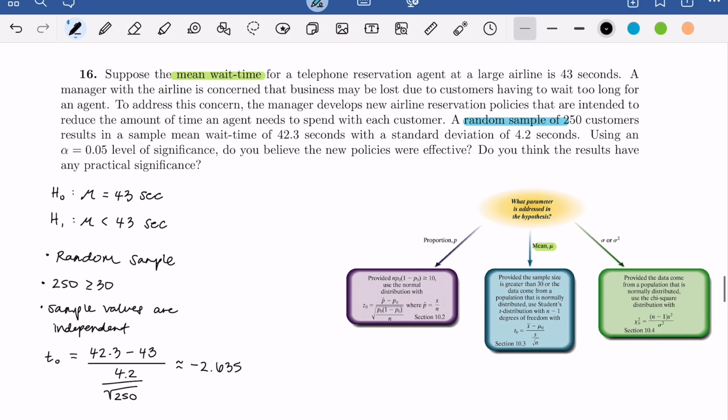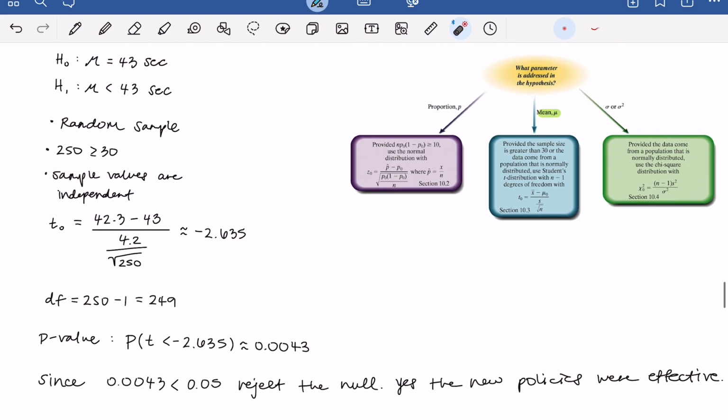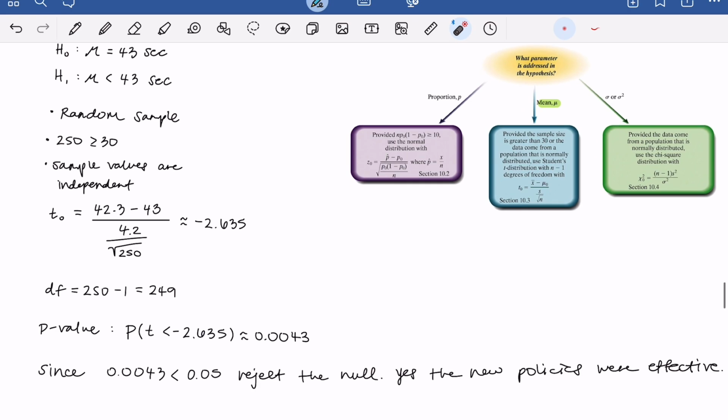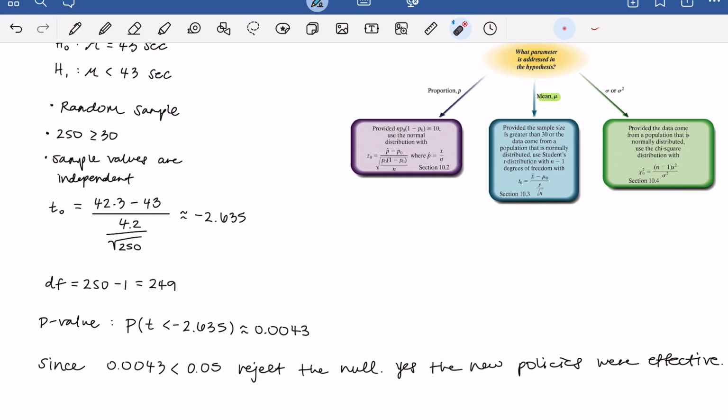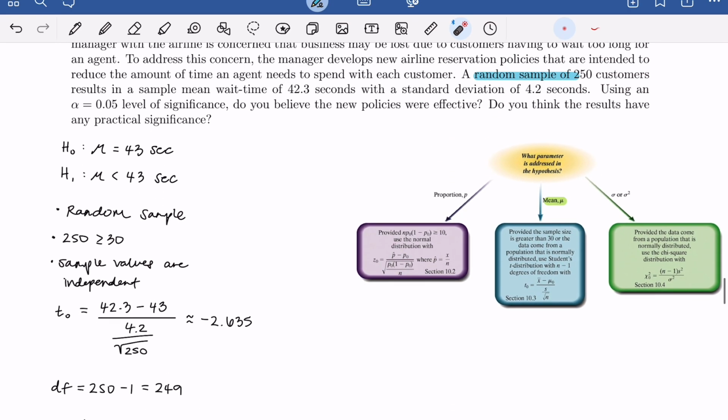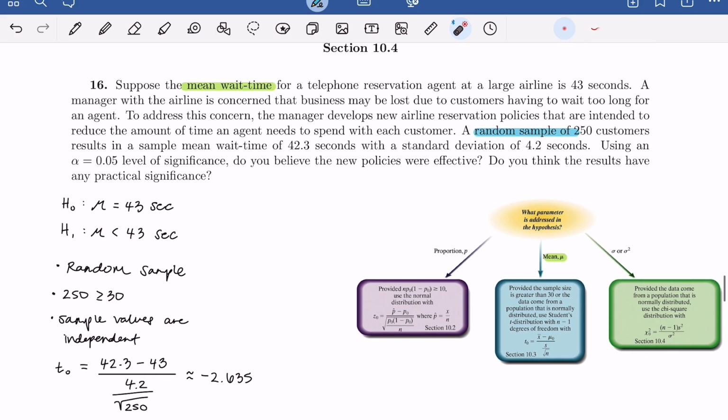And then the next question that we want to answer is, do you think the results have any practical significance? In order to answer this, we're going to look at the difference in mean wait times. So the mean wait time in the sample was 42.3 seconds, and we were given that the mean wait time originally was 43 seconds.